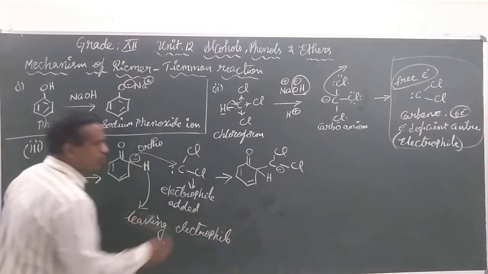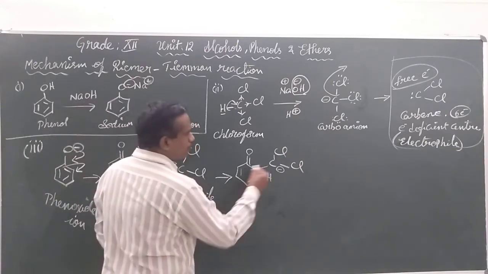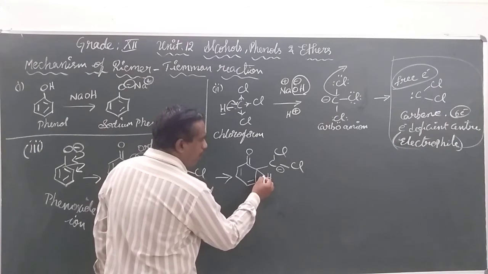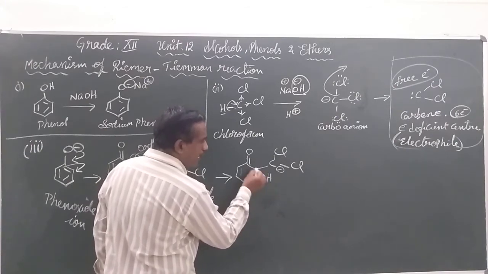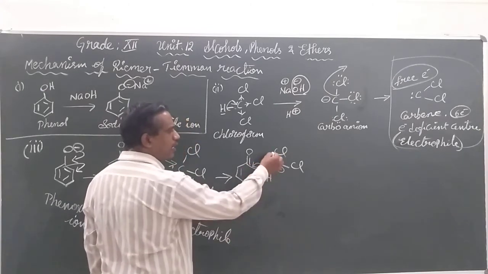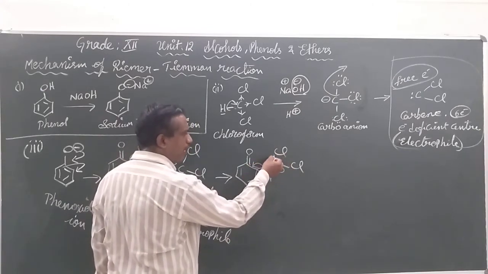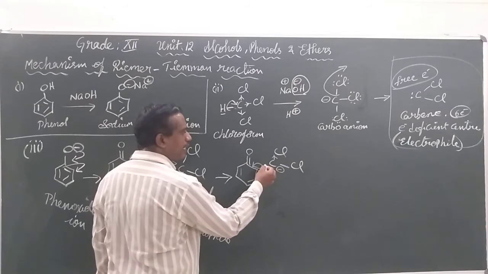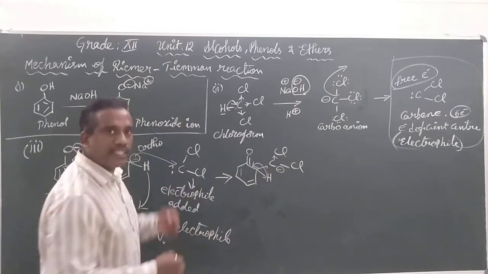How to remove this electrophile? Please observe, the bond between the carbon and hydrogen will be taken up back because the chlorines are electron-withdrawing groups. They are withdrawing electrons from carbon. In return, carbon is withdrawing electrons from the nearest carbon.